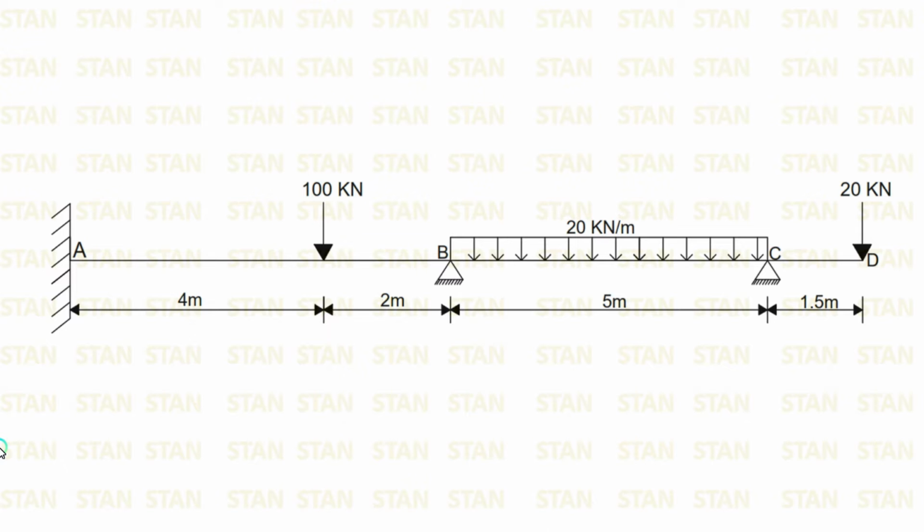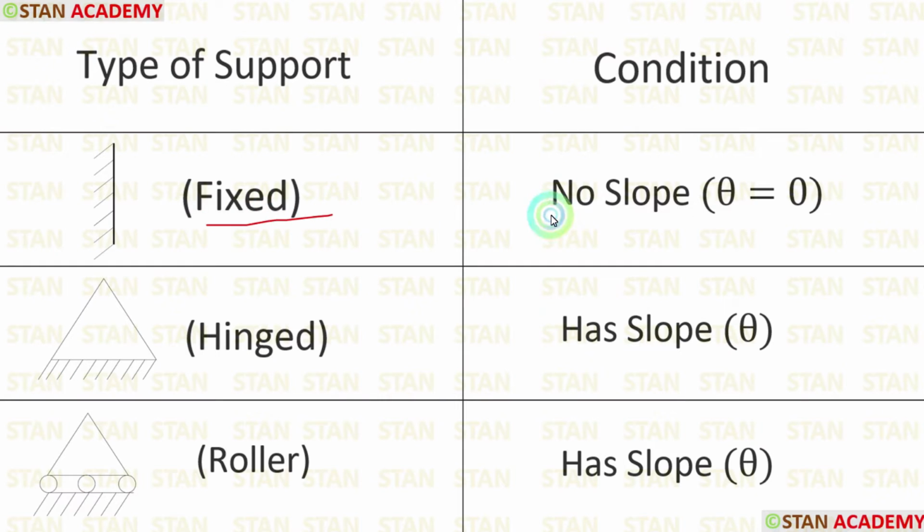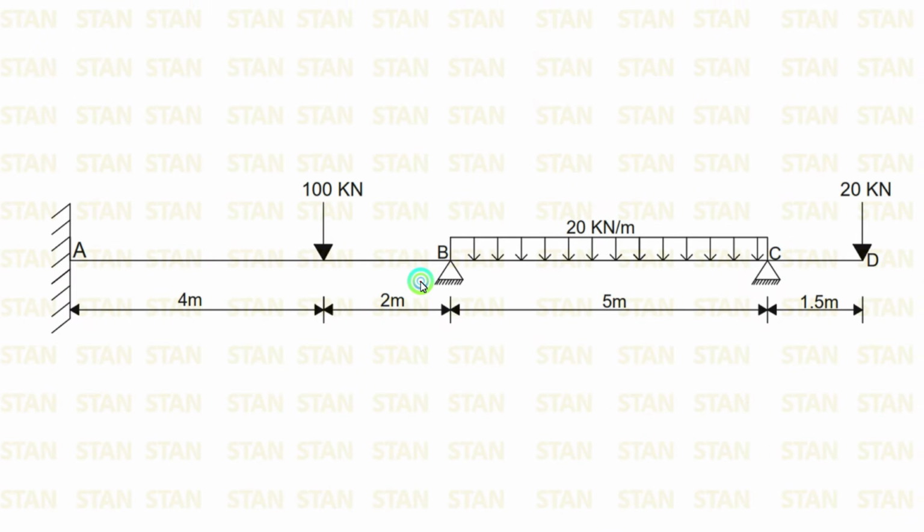In the stiffness matrix method, we have to check the number of supports in which slope can occur. Let us see the conditions. In the fixed support, there will be no slope. In the hinged support, there will be slope. In the roller support also, there will be slope. In this beam, we are having two hinged supports.